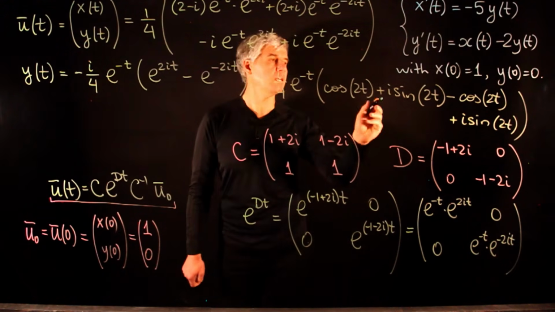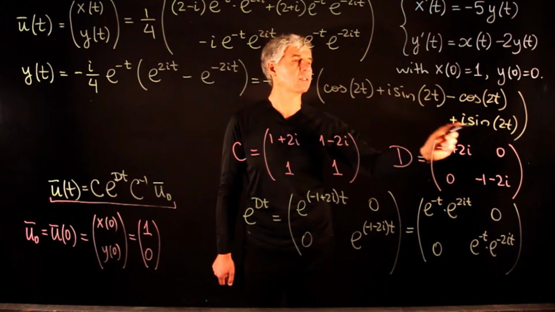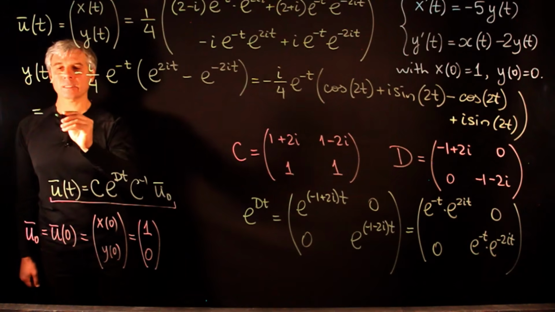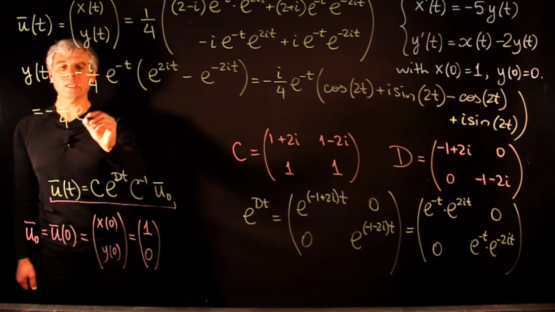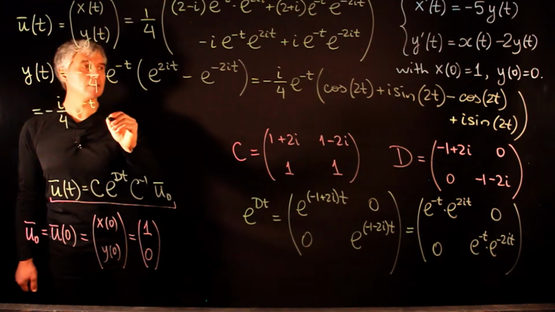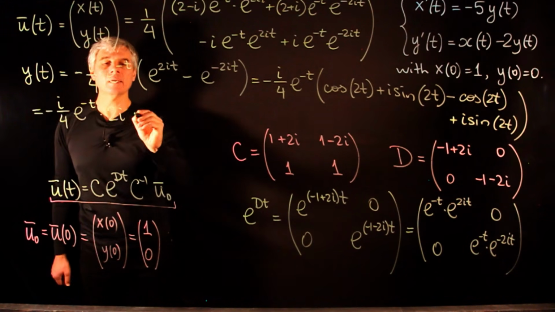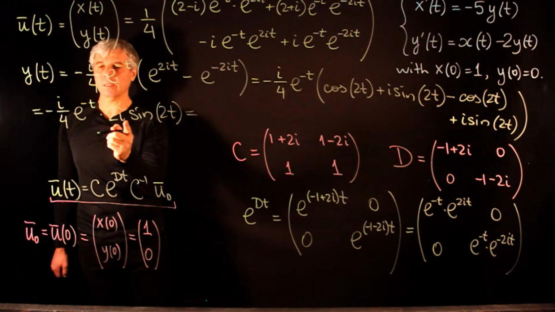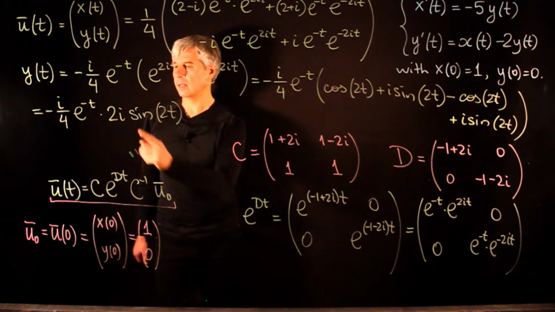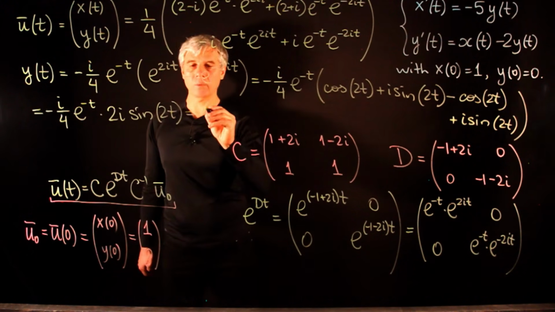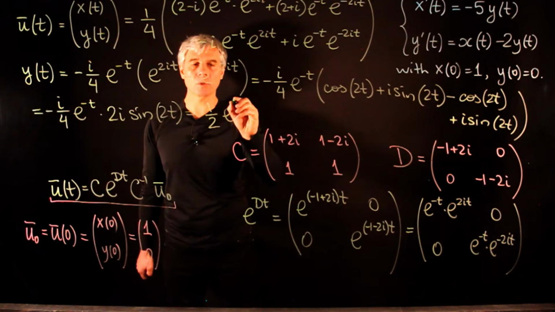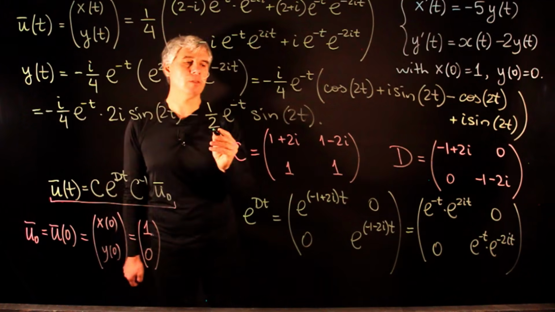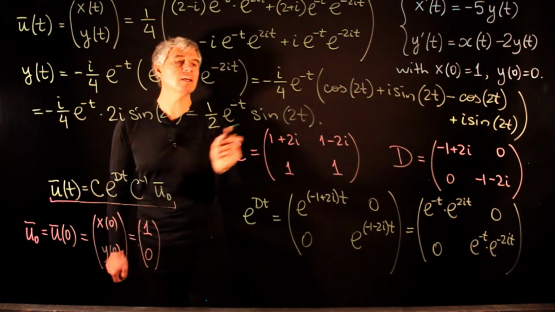And so what we see here is that cos will cancel and sine will double. And so what we get is minus i over 4 e to the minus t times 2i sine of 2t. And the final result, so i times i will be minus 1. So we get 1/2 e to the minus t times sine of 2t. And we see that our final answer for y of t is completely real.